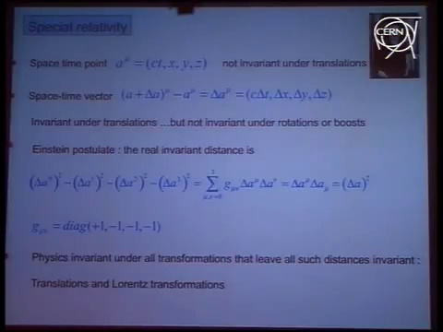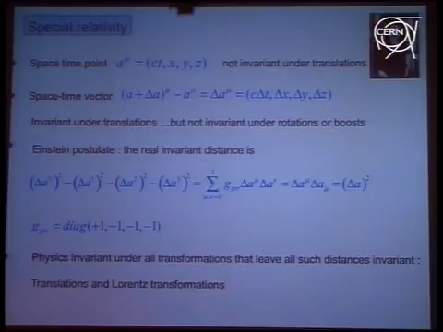And what Einstein proposed was that the real invariant distance is not delta a, but delta a naught squared minus delta a i squared, where a i are the space coordinates. And we can write that in terms of a metric, g mu nu, summed over mu and nu from naught being the time component, 1, 2, 3 being the space components. So this is the invariant distance. And what Lorentz invariance means is that physics is invariant under all transformations that leave such distances invariant.